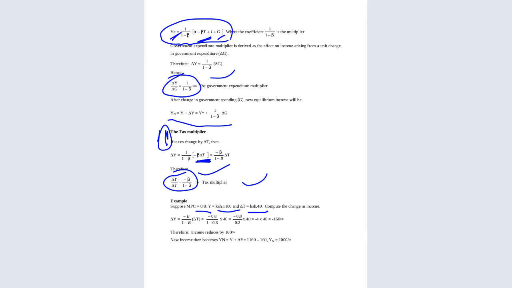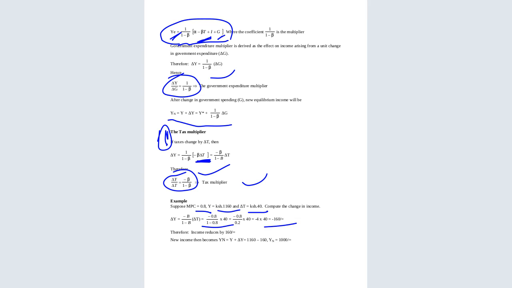You have beta, you have t. So if you cross multiply, this is what you have, which is negative 160. So what does that mean?